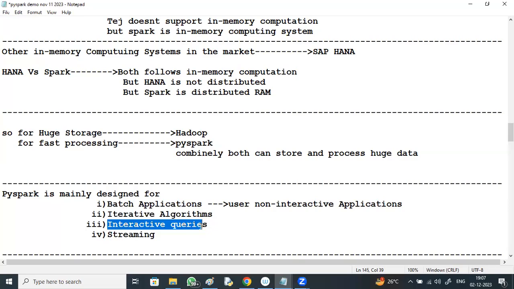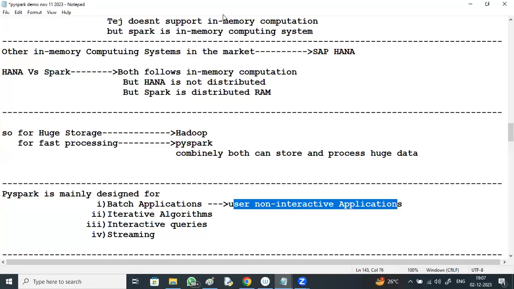And interactive queries, SQL queries. Using PySpark, we have the concept of data frames, within which we can perform SQL-like querying. And streaming data, working with data streams in integration with Kafka.